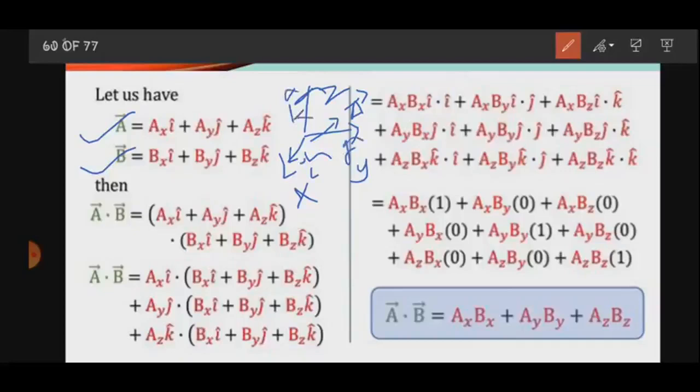Now write the position vector: a vector is equal to ax i unit vector plus ay j unit vector plus az k unit vector. In the same way b vector. Now take the product of these two vectors and substitute. Similarly we get the answer a vector dot b vector is equal to ax bx plus ay by plus az bz. So students, you will try and get the final answer.